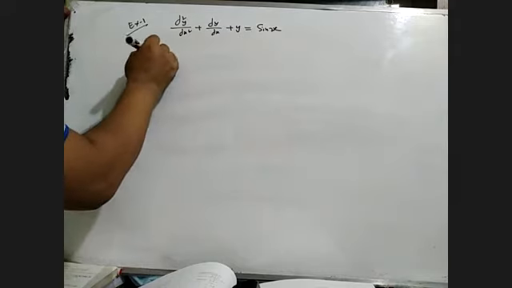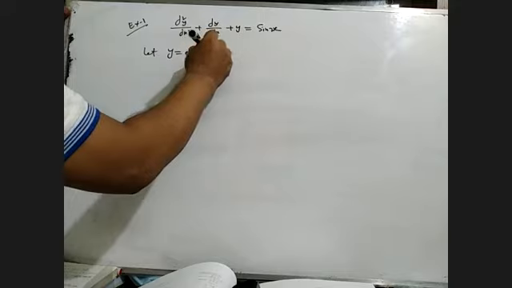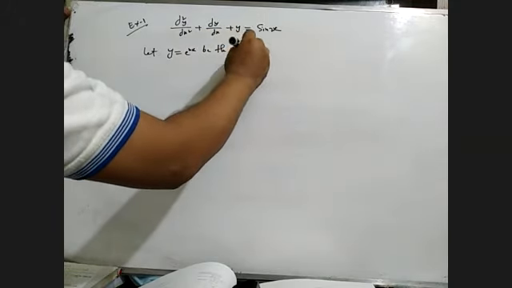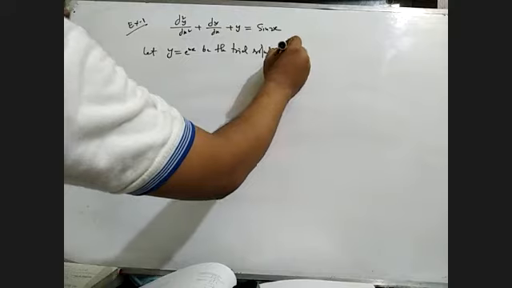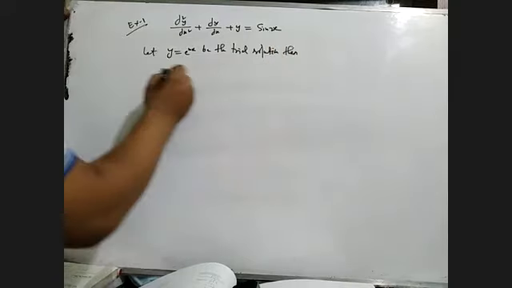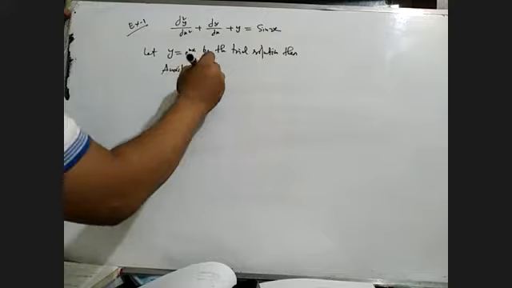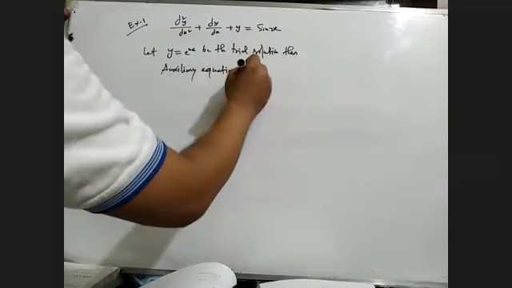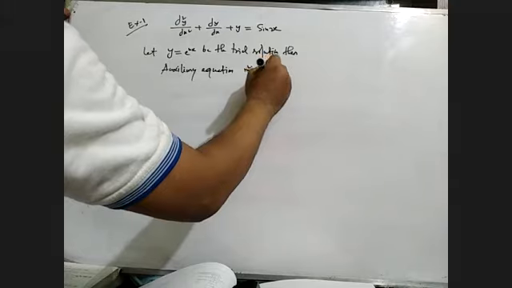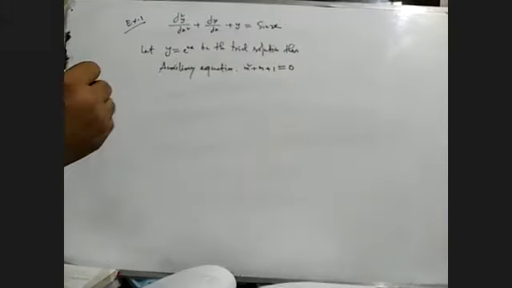Let y equals e to the power mx be the trial solution. Then the auxiliary equation, you must know, will be m square plus m plus 1 equals 0.